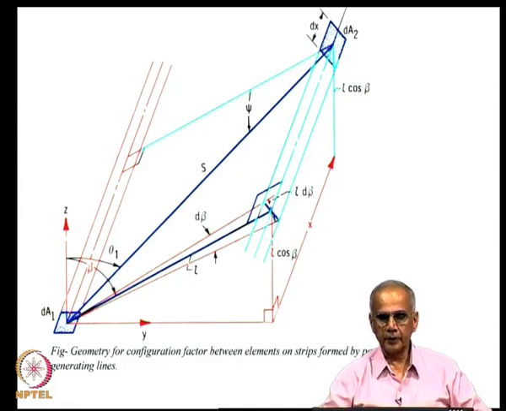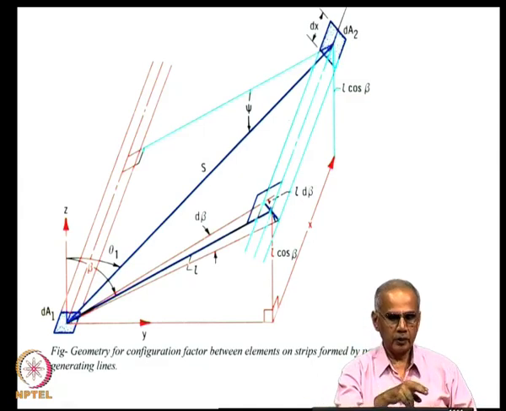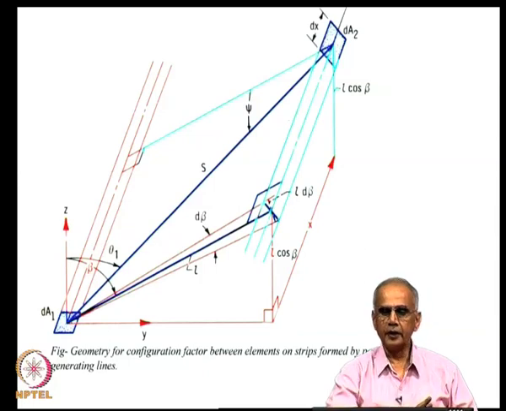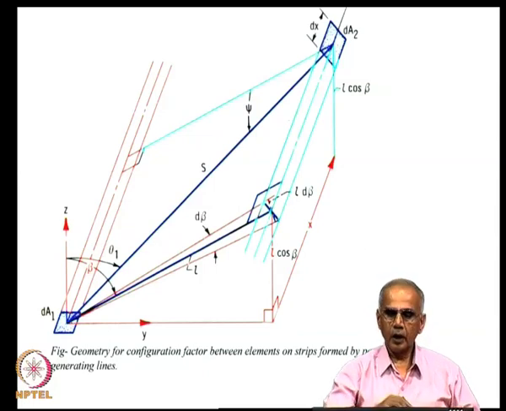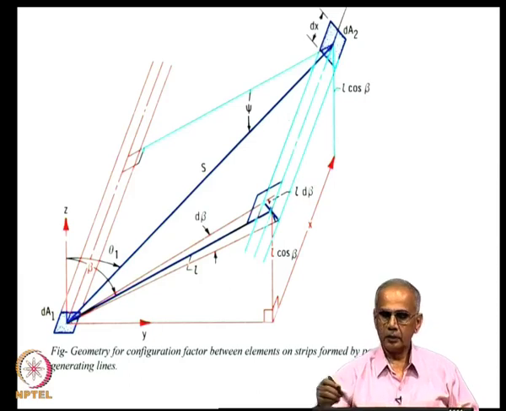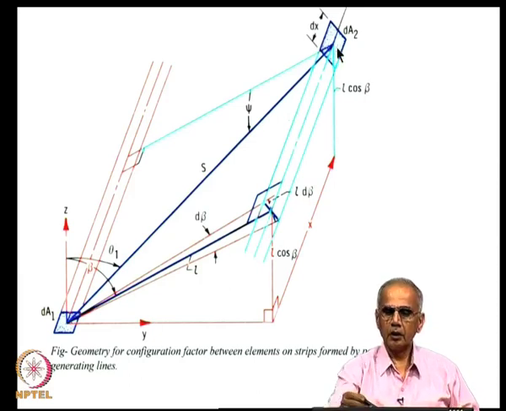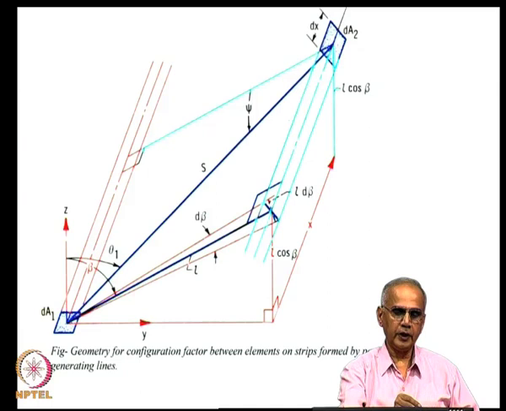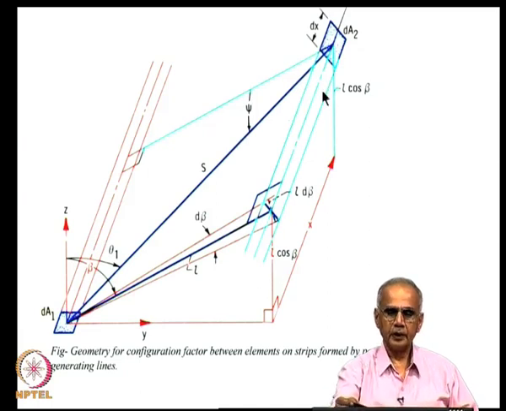Now let us look at this example here, between a small area dA1 and this long element here. So, f dA1 dA2 is a fairly well defined quantity from the definition we are given there. Now, you need to integrate over this length to get the configuration between an element dA1 and a strip A2.